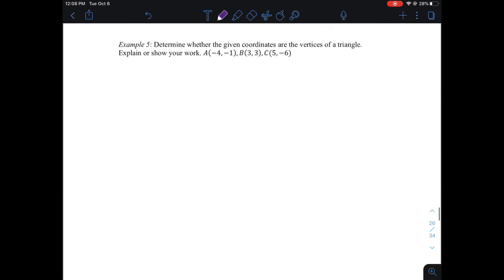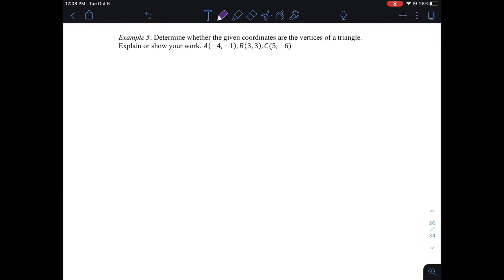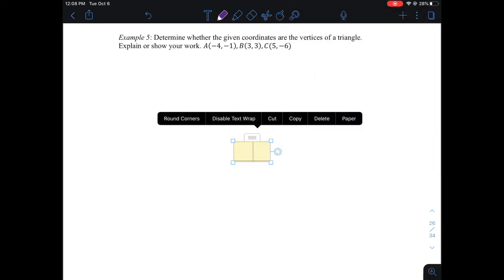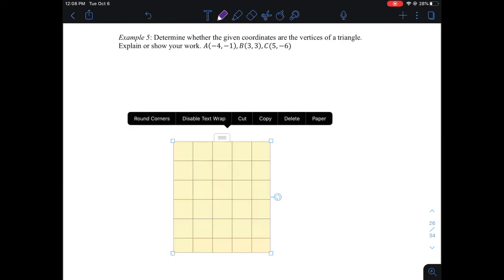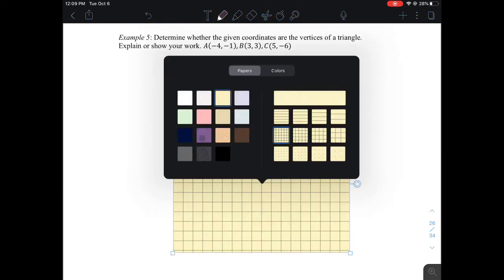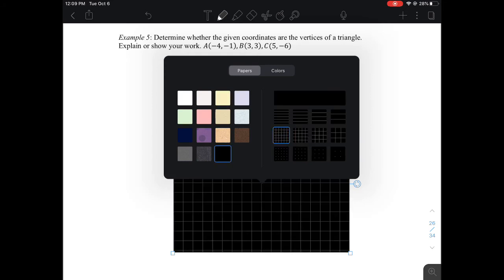All right, the last example says determine whether the given coordinates are vertices of a triangle. Explain or show your work. You do have the option, if you click the little plus sign and then stickies, and then grids, and I'm just going to make it bigger. If I click paper, I can make my squares a little bit smaller.